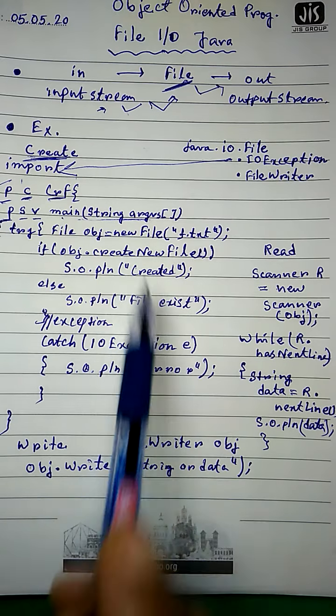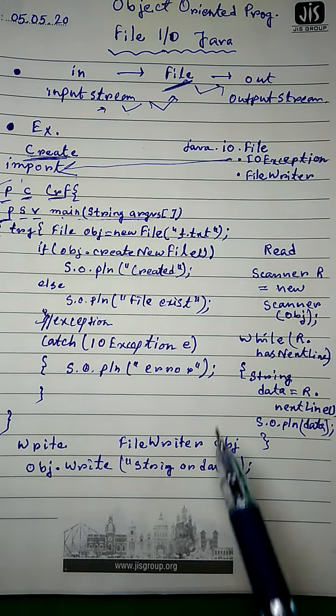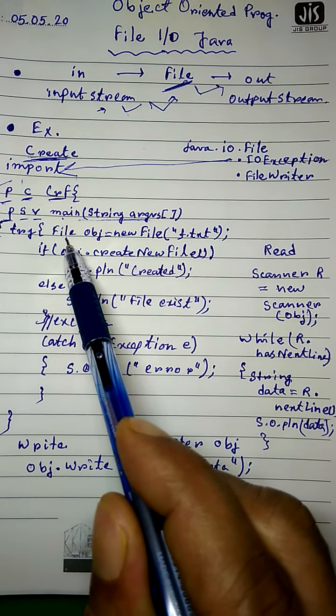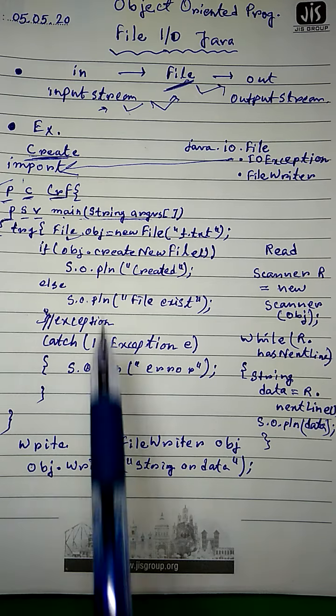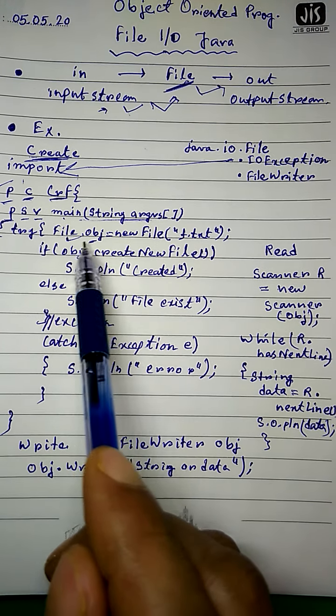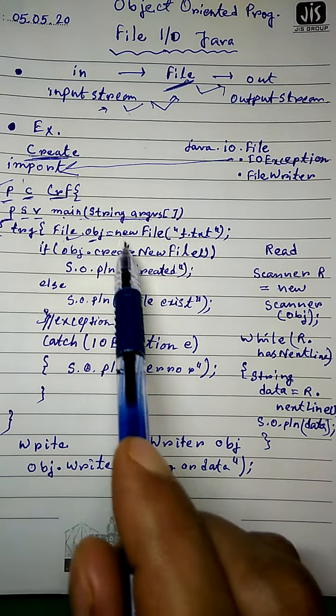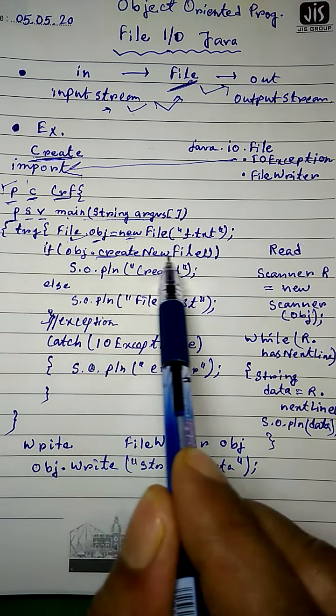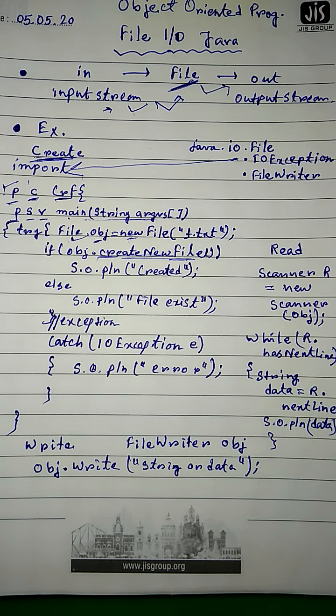This is my program. Now first of all, you have to create an object of file type. Now initialize it. This is the code to create it.